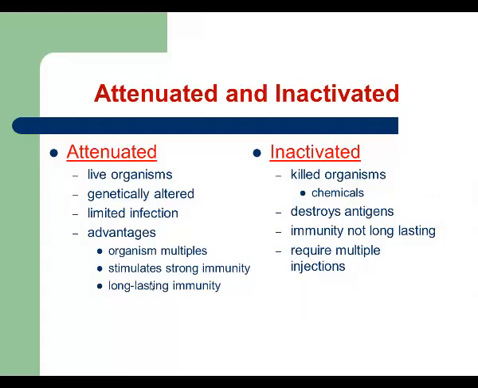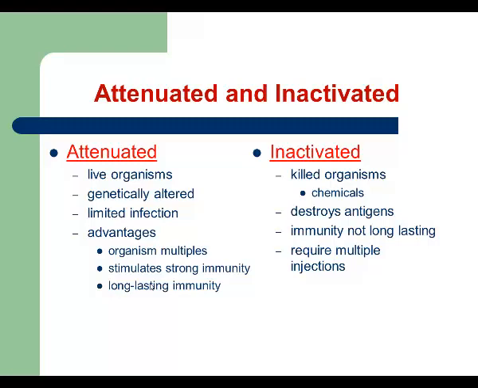This slide for you compares attenuated vaccines to inactivated vaccines. Let's talk about advantages and disadvantages for each kind of vaccine. As an example, we can use polio vaccine. Today in the market we have two types of polio vaccines, attenuated and inactivated.